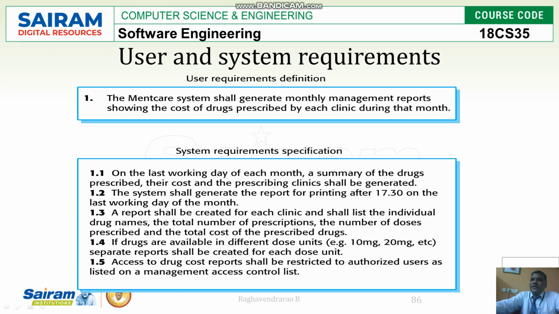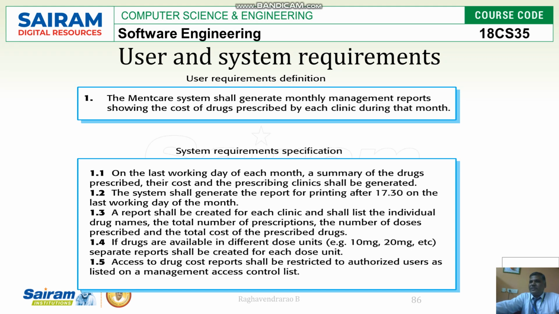These are the specifications. A report shall be created for each clinic and shall list individual drug names. Proper specifications are here: total number of prescriptions, how many prescriptions have been written, and the number of doses prescribed for the total cost of prescribed drugs. So it is detailed information.